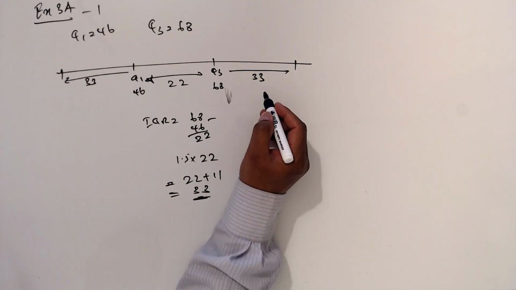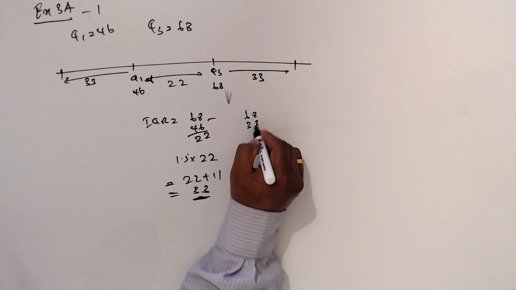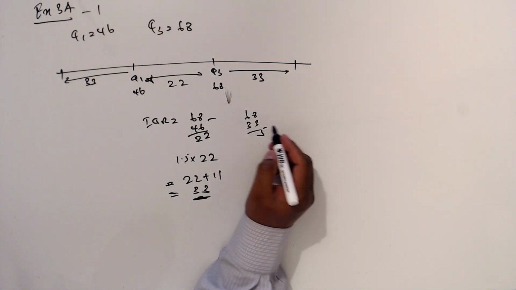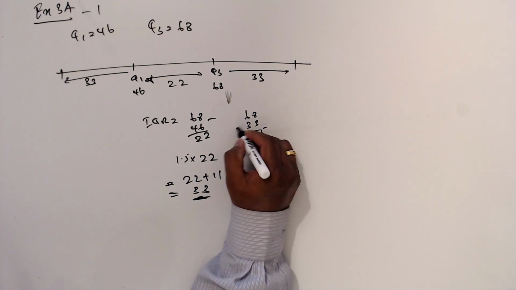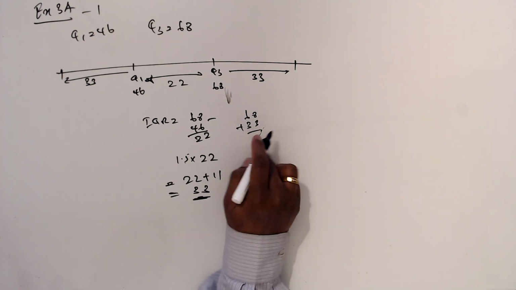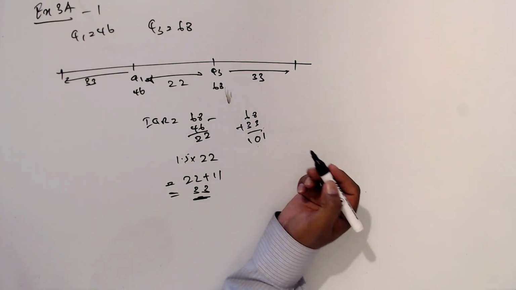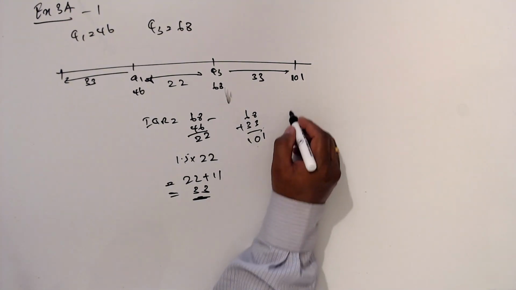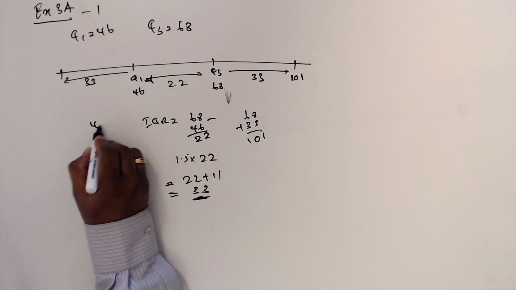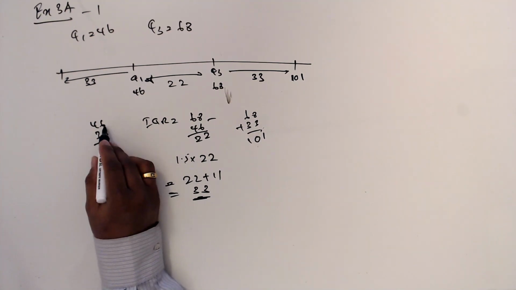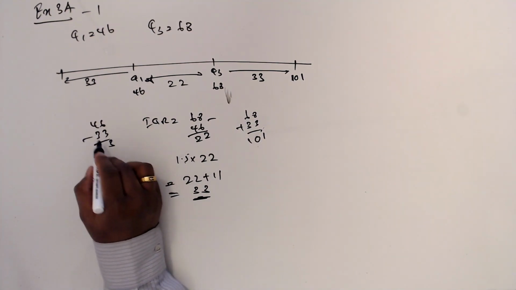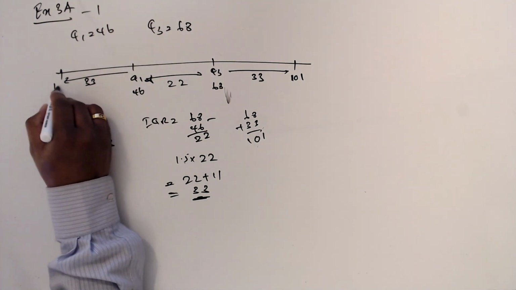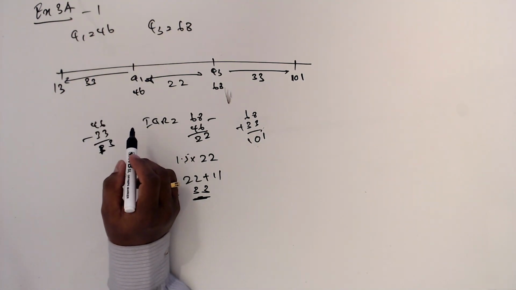So this is going to be 68 plus 33. So that is going to be 101. So this is 101. And the other one is 46 minus 33. When you minus this one, this is going to be 13. So this point is 13.